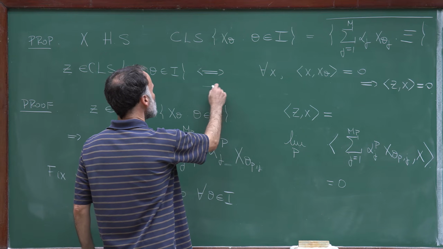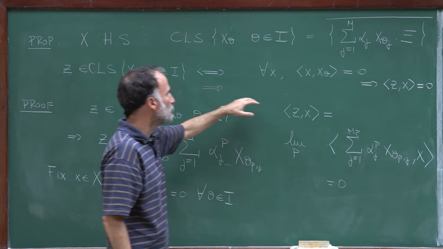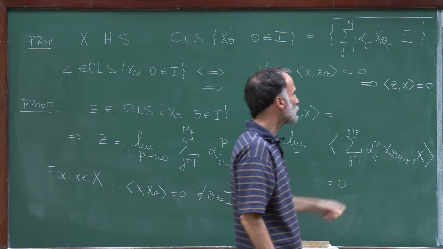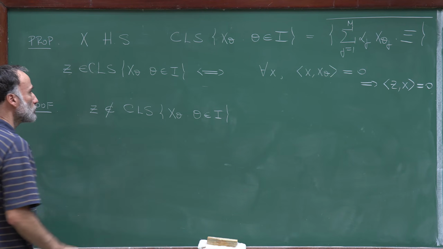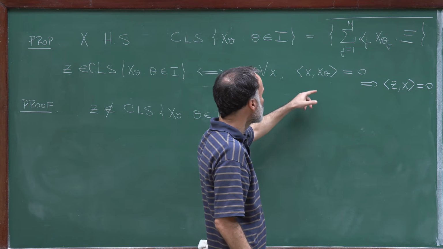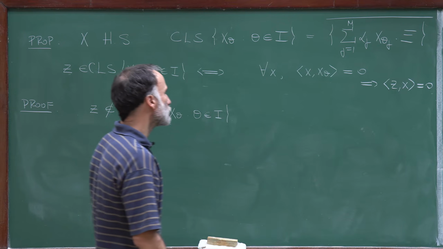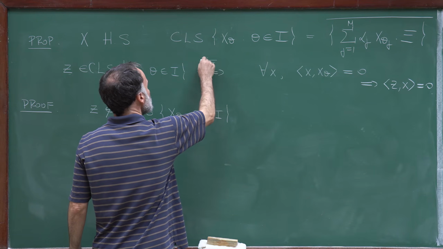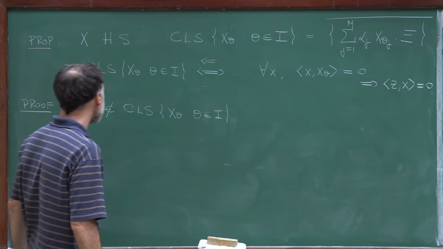So we proved that indeed, if Z is an element of the closed linear space of this set, then if we have an element which is orthogonal to all x_theta, it has to be orthogonal to Z. Now let's assume that Z doesn't belong to the closed linear space of x_theta, and I will find one x which is orthogonal to all x_theta but which is not orthogonal to Z. So I'll prove this direction by assuming that this is not true and proving that then this is not true.